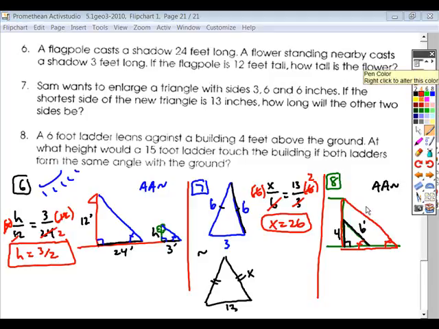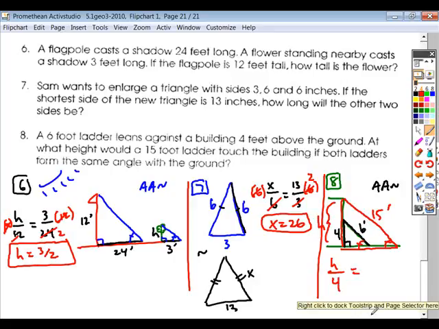We were told that this second ladder was a length of 15 feet, and we wanted to find this height. So we can take our unknown height over the corresponding piece of the smaller triangle. The height of that smaller triangle was 4. Set it equal to the ratio that we know, the longest length 15 over the shorter length 6.